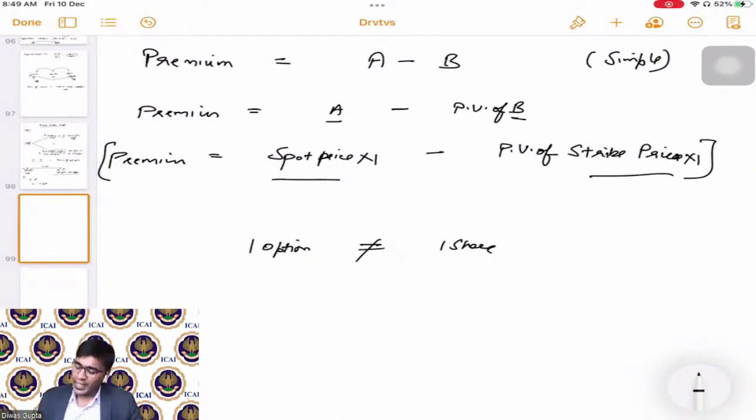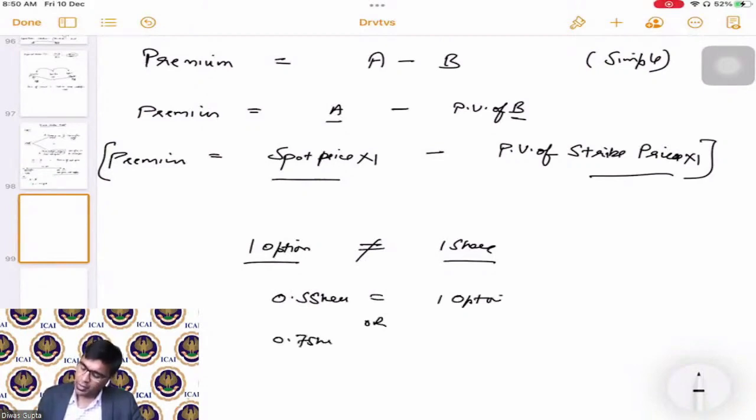Okay. What I have told you is that to make a complete hedge, there is a ratio that is determined by something called the hedge ratio, right? That will give us 0.5 share for one option, or it can be 0.7 share for one option, or it can be 3 shares for one option.